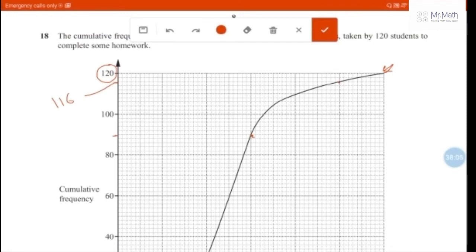So to find the number of students that took more than 50 minutes, I will subtract the total number of students, which is 120, minus 116. So 116 is the number of students that took 50 minutes or less to complete the homework. So the answer is 120 minus 116, so it's equal to 4.